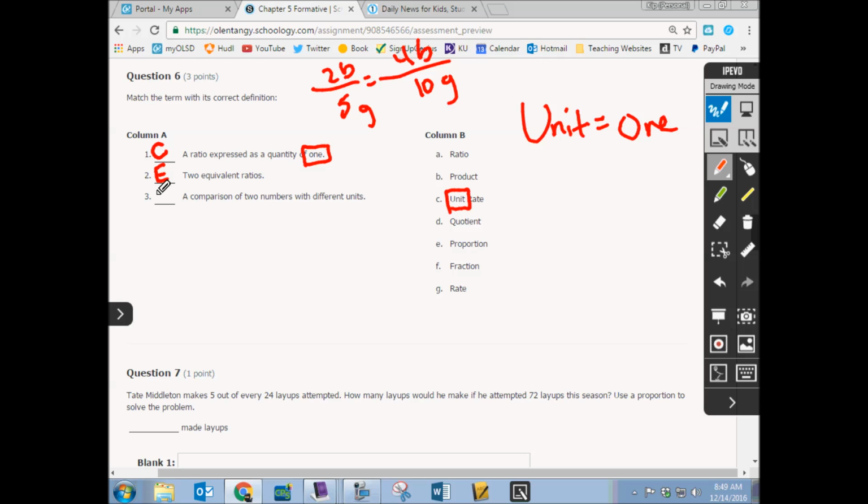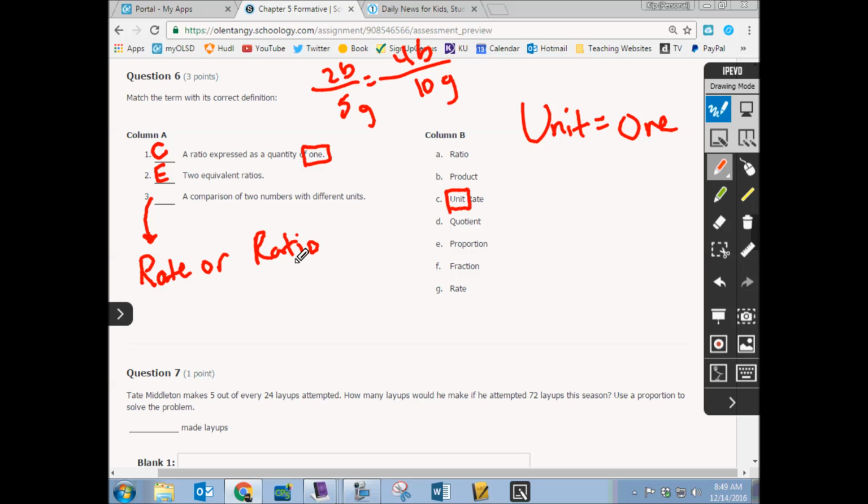And then finally, one that maybe got you guys here, one that maybe I didn't stress enough. What do you guys think it is? I think rate. Rate. Ratio. Comparison of 2 numbers. I'm going to accept rate or ratio on that one.